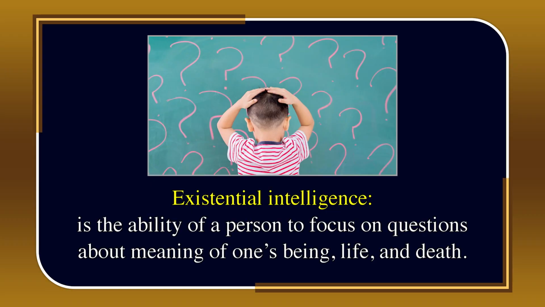It is the ability of a person to focus on questions about the meaning of one's being, life and death. In other words, existential intelligence can be characterized in a variety of ways. Some psychologists define it as a broad capacity for comprehension and thinking that presents itself in many ways to deal with situations.